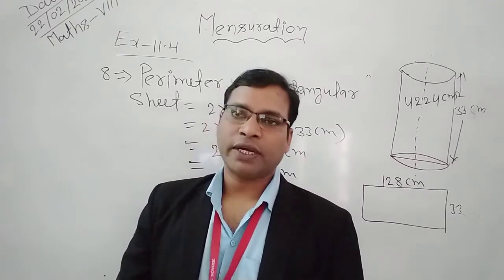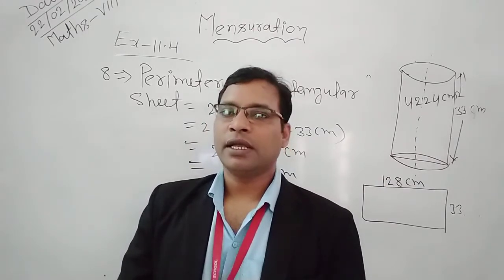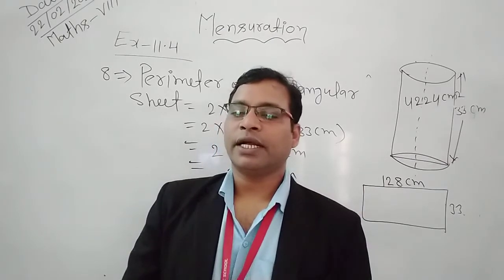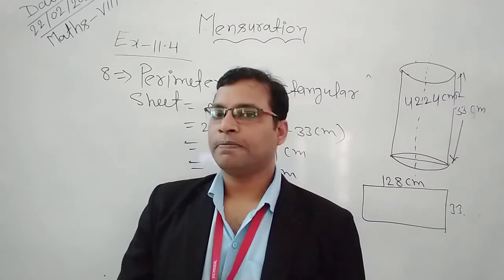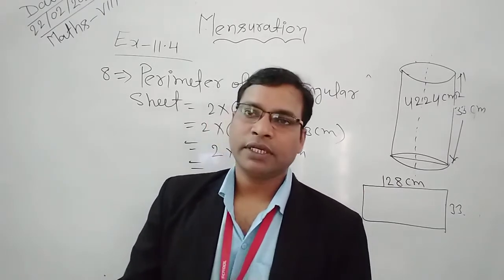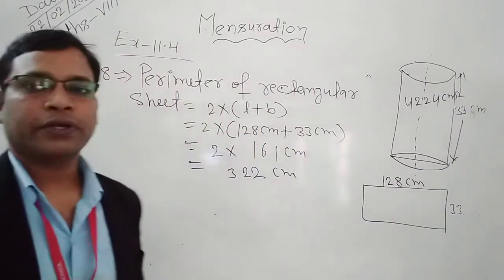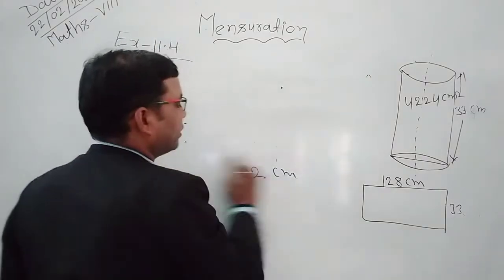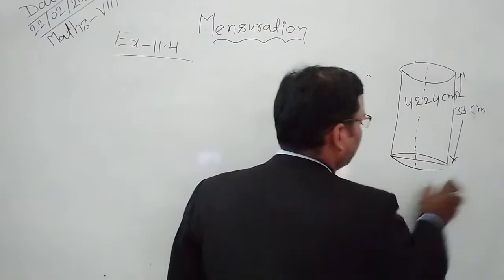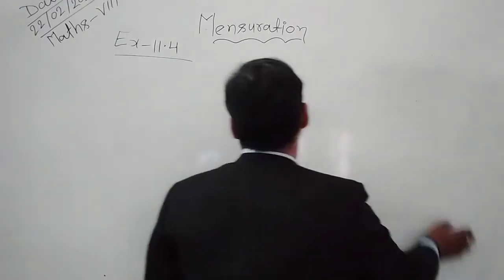So first you need to find the length, breadth and height of this cuboid, because here the ratio of length, breadth and height is given, 7:6:5. So let's see how to solve this question. Okay, now first we arrange this, and after this we solve the next question.